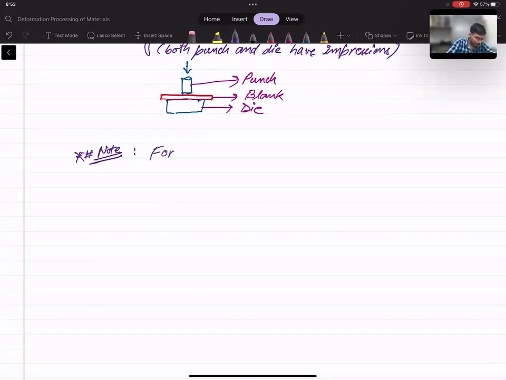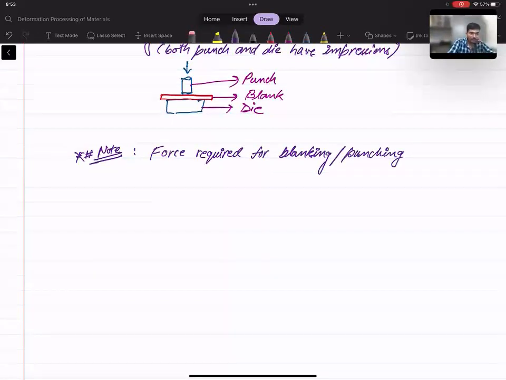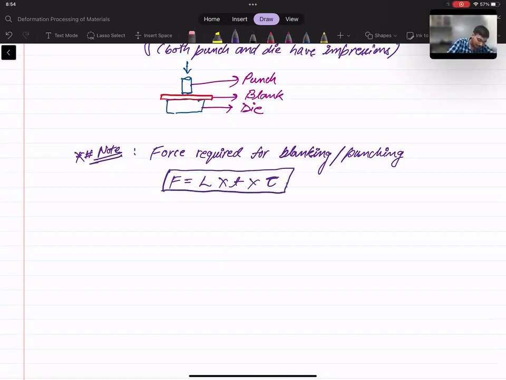So the force required for blanking or punching is simply given as the total length which is being blanked out, meaning the perimeter of the punched out part, into the thickness of the sheet metal, into the shear strength of the sheet metal. So this is the relation here.